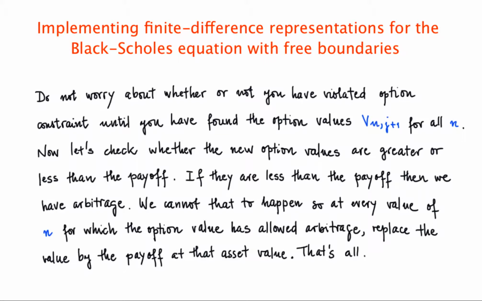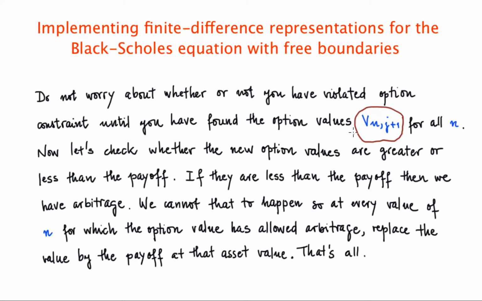We don't have to worry about whether or not we have violated the option constraint we have mentioned before until we have found the option values for all n. So you use the finite difference representation to calculate the option values at the next time step in the usual way.